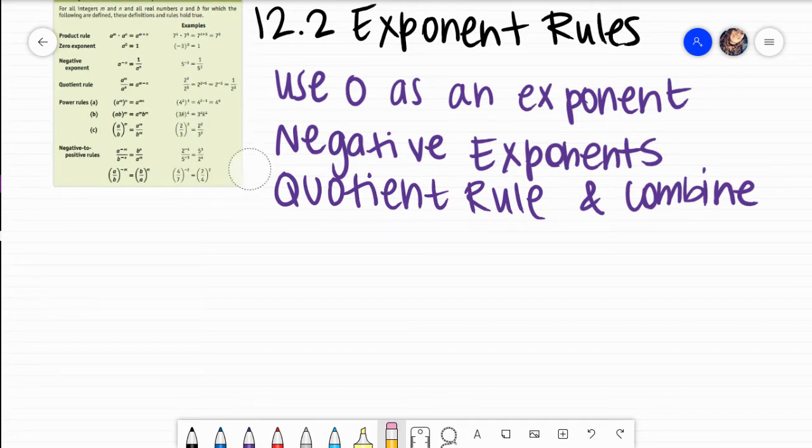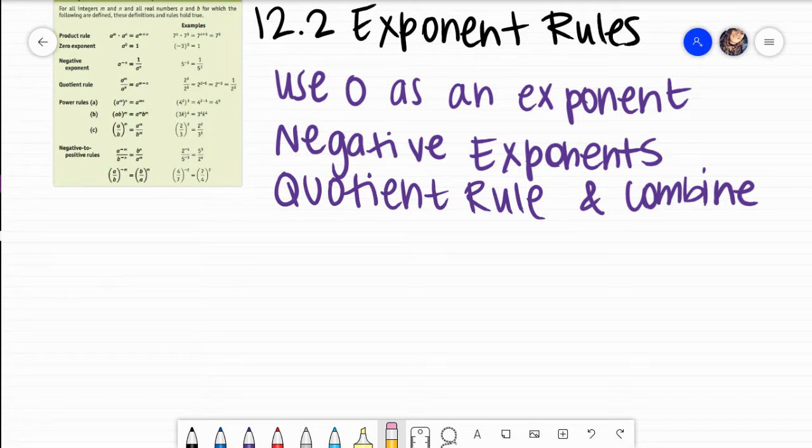So now what we're going to do is combine. What I mean by combine is I've got four examples. One ends up with a very large number when you actually evaluate it.